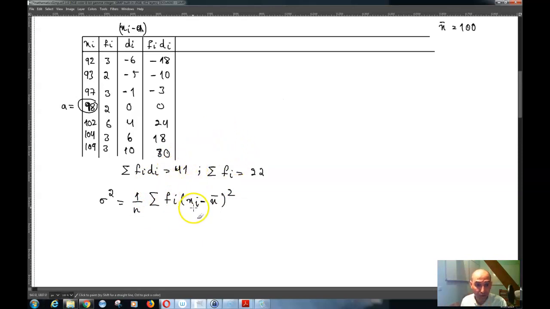So now x of I minus x bar whole squared: 92, for example, minus 100 is negative 8. When squared becomes 64. 93 minus 100 is negative 7, that's positive 49. 97 gives negative 3, so that's a 9.